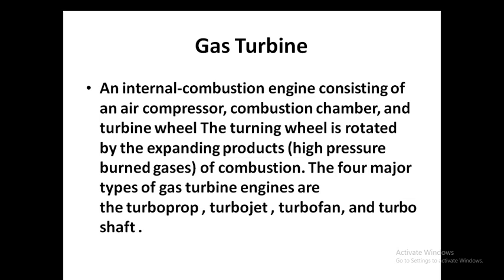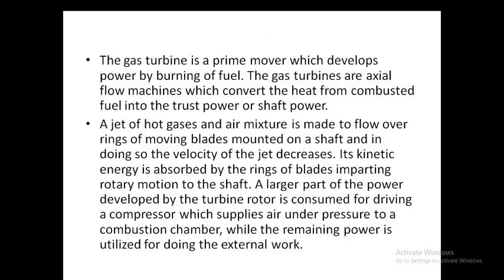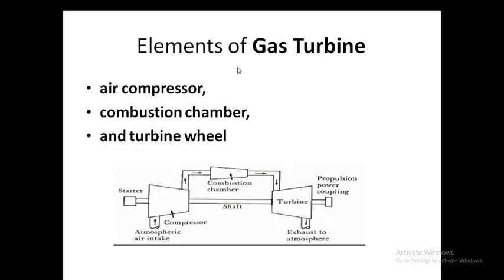Then this high pressure gas is sent to the turbine wheel, where it rotates the turbine as it expands inside, and this rotates the turbine shaft, which is connected to the load. Normally this turbine shaft is connected to a generator to generate electricity. The four major types of gas turbine are turboprop, turbojet, turbofan, and turboshaft. Here you can see on your screen.